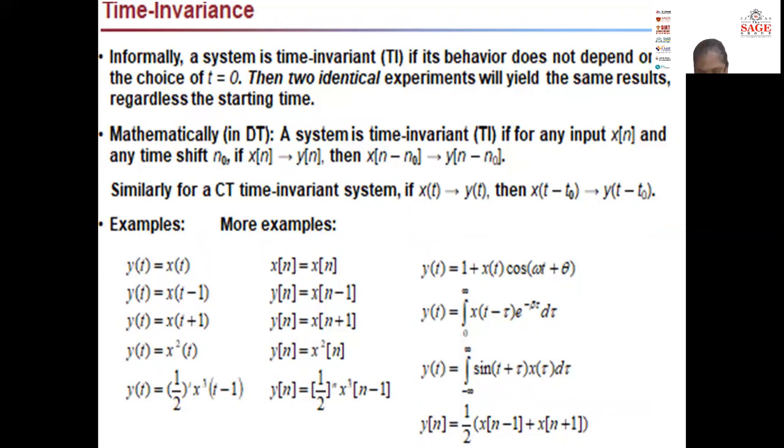For example, if we take the discrete system x[n] and y[n] is the response of the system, now we have shifted the signal by n minus n0. So the response is also shifted. This shows that the system does not change with time. So it is a time invariant system. These are a few examples which show the time invariance property of the system.